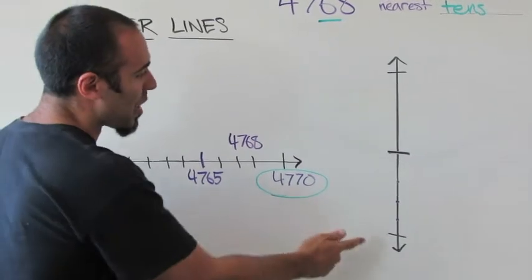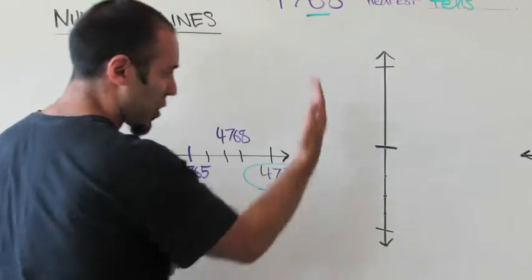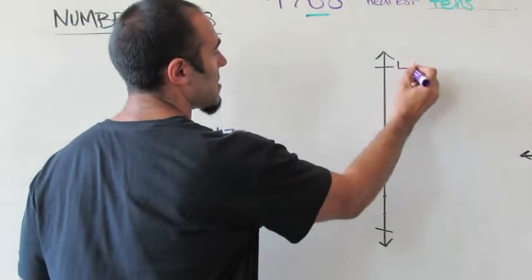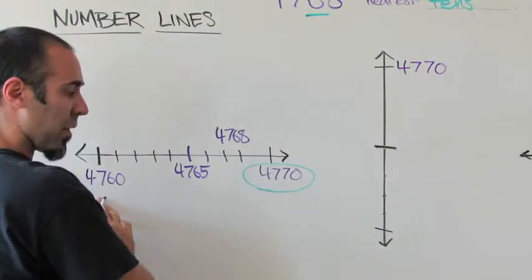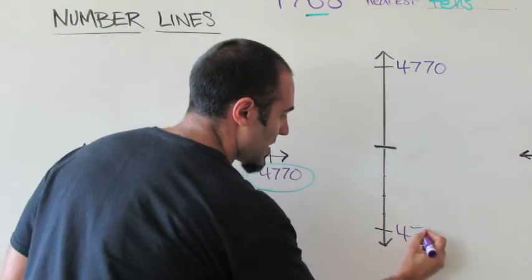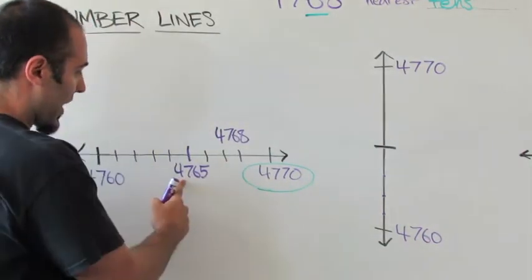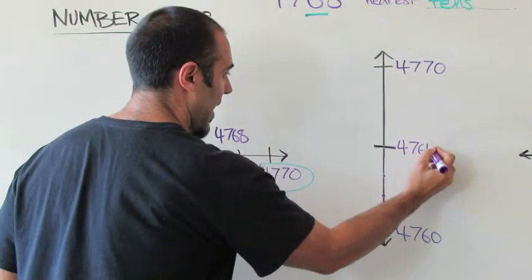Now on the vertical number line, it's basically the same thing. And again, this number line helps represent highest and lowest by showing that vertically. Literally, the highest number is 4,770. The lowest number on the number line is 4,760. The midpoint, again, is 4,765.